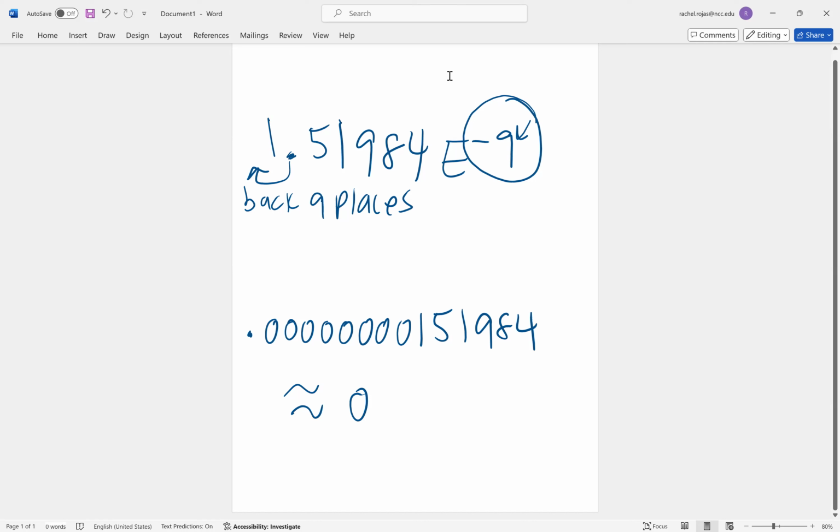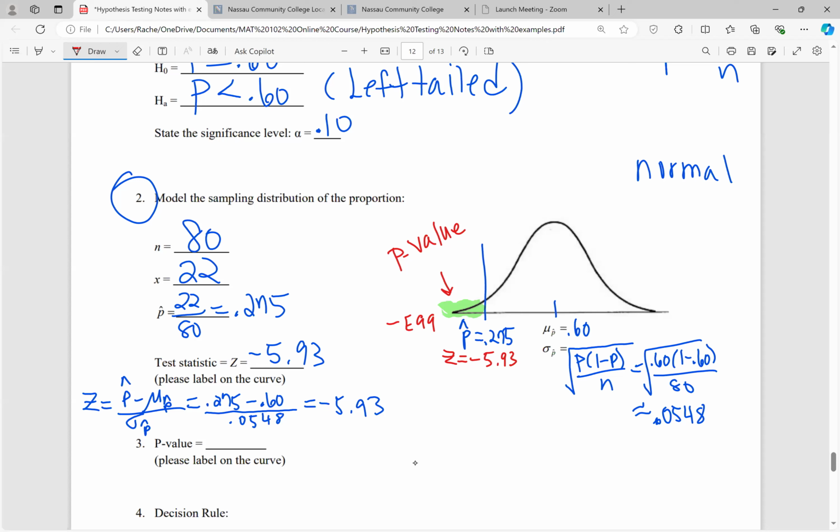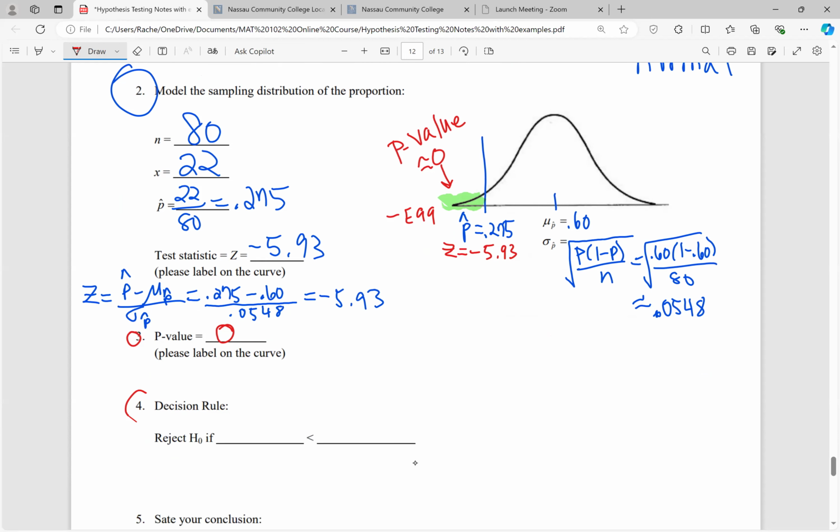So my p-value in this case is so tiny. It's approximately 0. So fill in 0 for your p-value. And that's as tiny as we could get, right? So I'm thinking, okay, when I compare it to my significance level, alpha, it's definitely going to be smaller. So our decision rule is always to reject the null hypothesis if our p-value is less than alpha, and 0 is less than alpha, right?